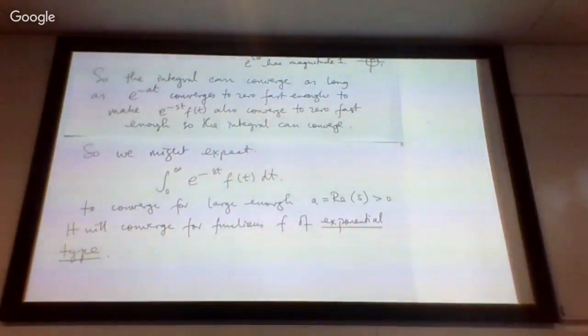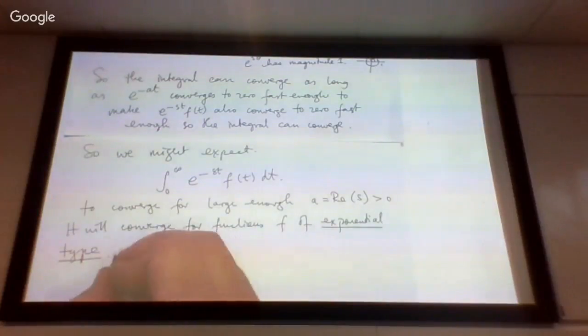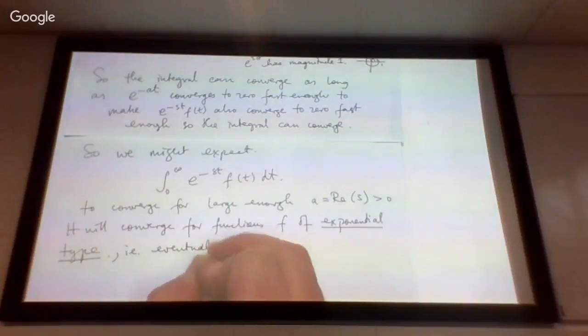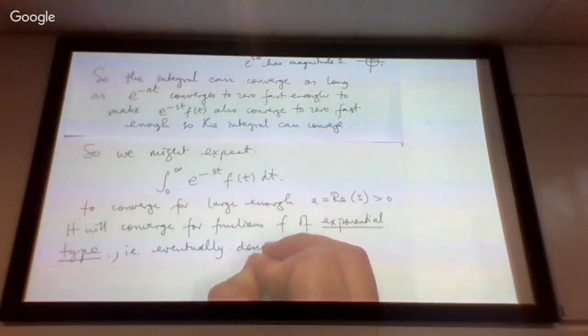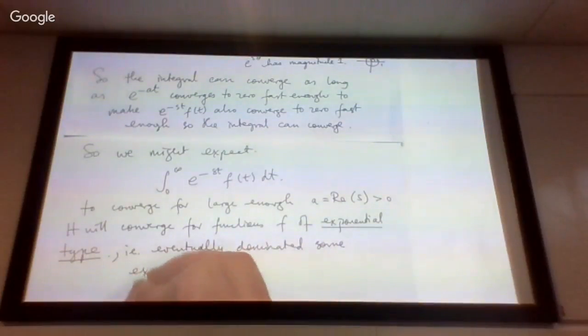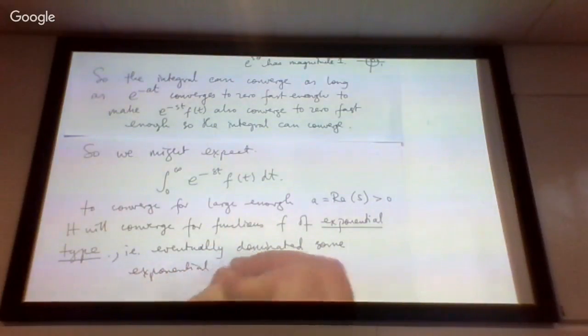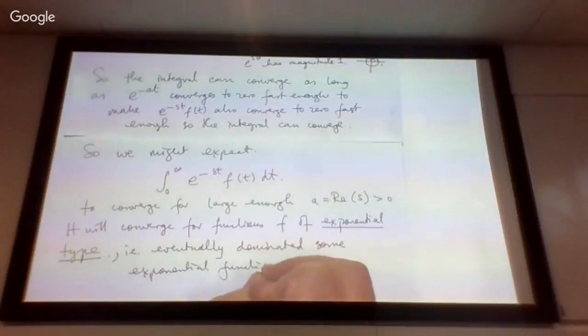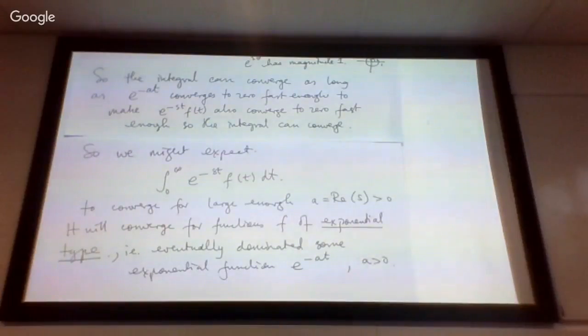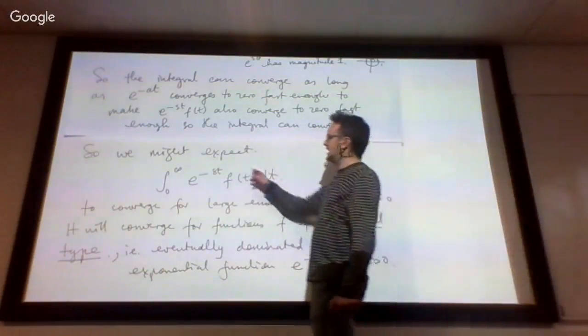So for functions f which are of exponential type, and what this means is, i.e. eventually dominated, meaning less than, some exponential function e to the at. a is some positive number. I think I called it lambda in the notes or something. But so there will be a large class of functions f.